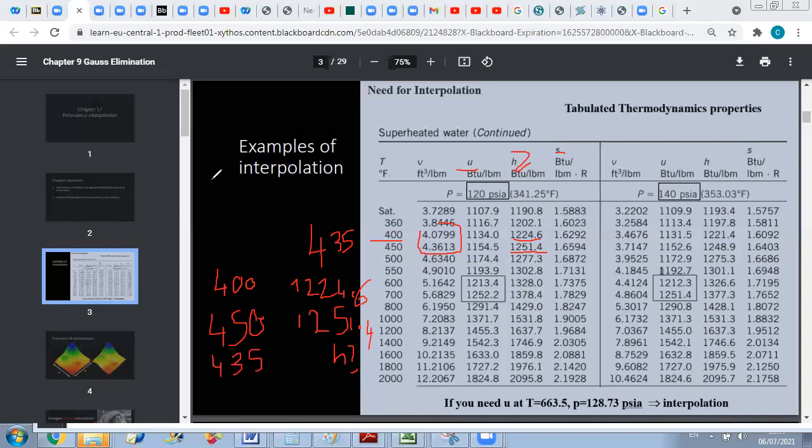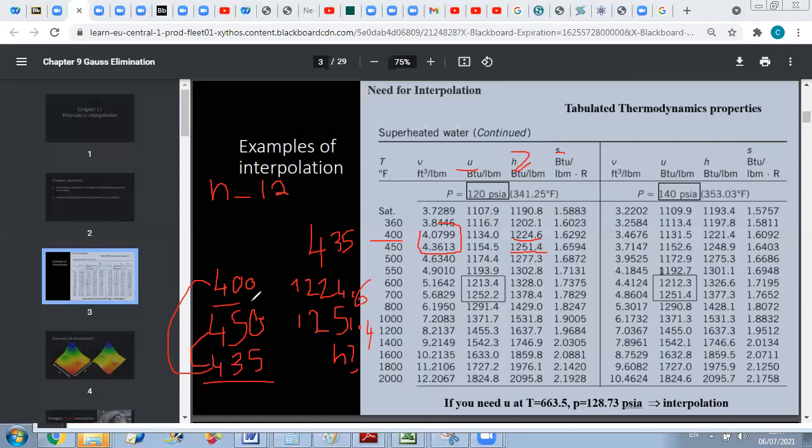So I can write that H minus 1251.4. I can use the slope between 435 and 450, or between 435 and 400. Because the slope is the same, to obtain the slope, you need 2 points.